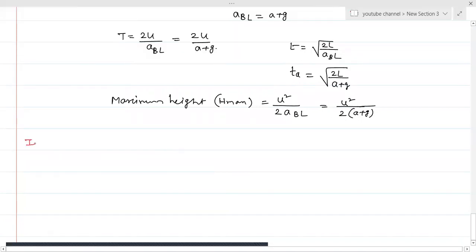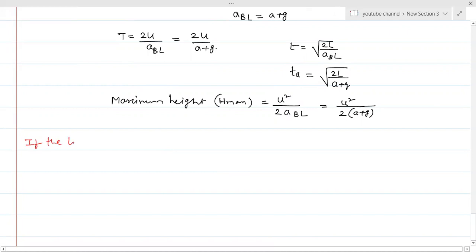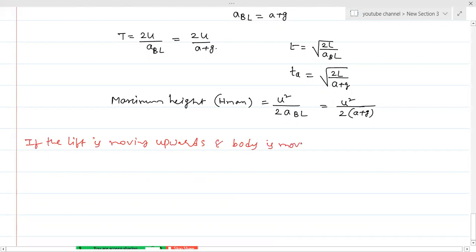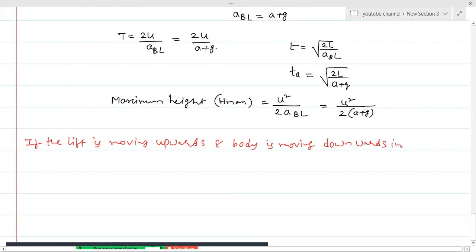Suppose the lift is moving upwards and the body is moving downwards inside the lift.